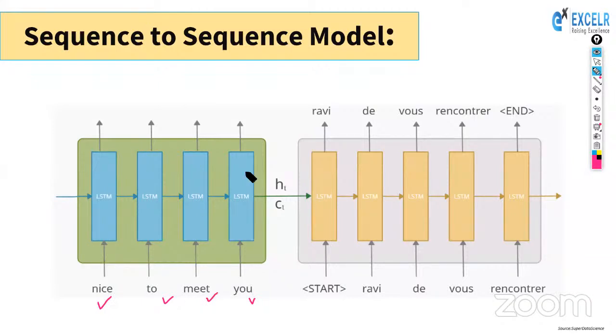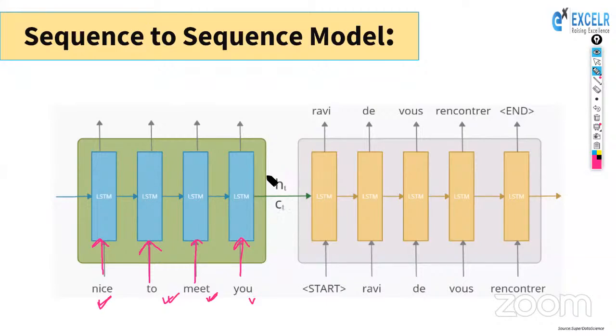So what will the encoder do? It will use the LSTM model, and these LSTM models will take these words as the input. So "nice" is one input to one LSTM model, "to" is another input, "meet" another input, "you" is another input.